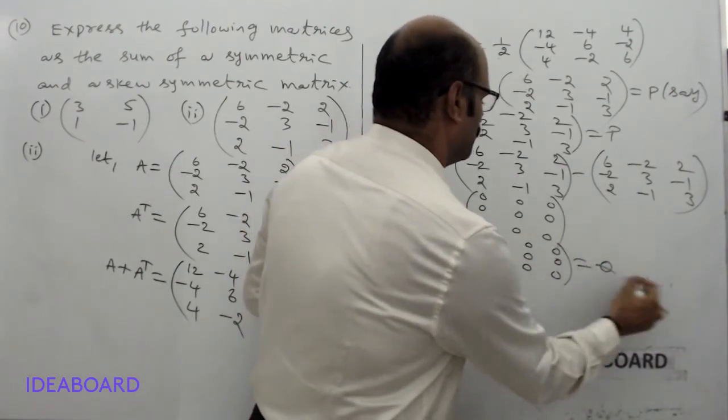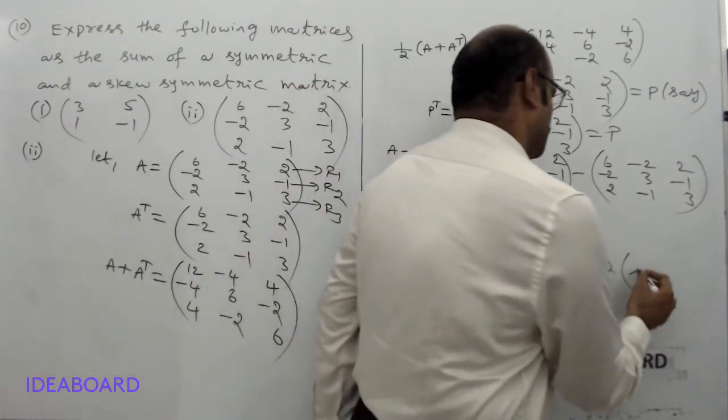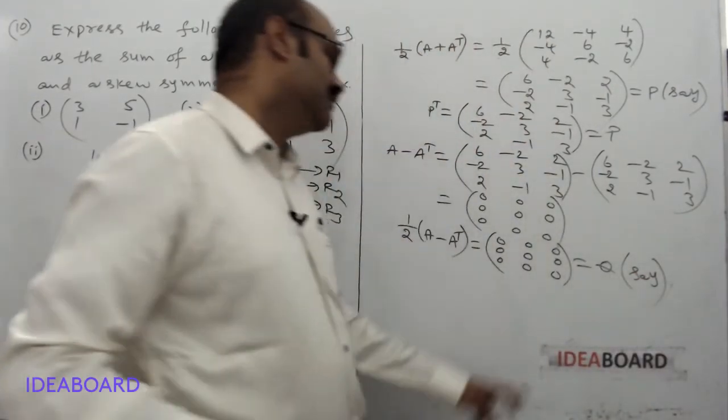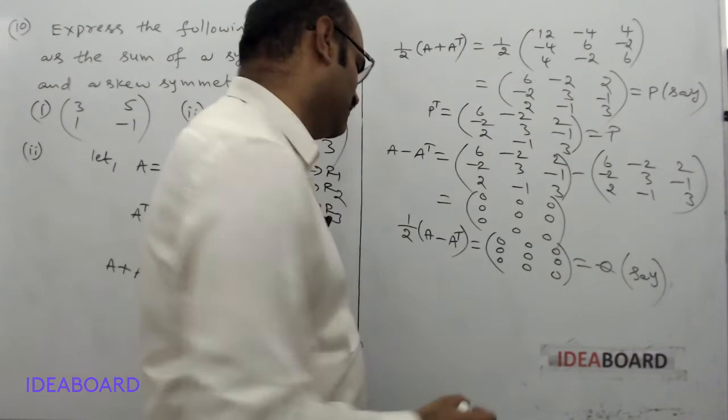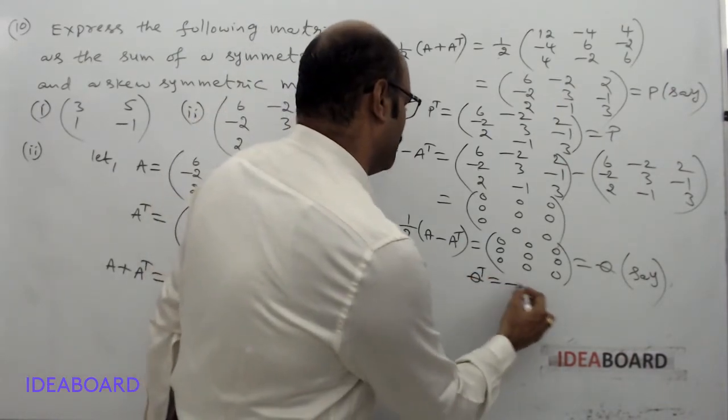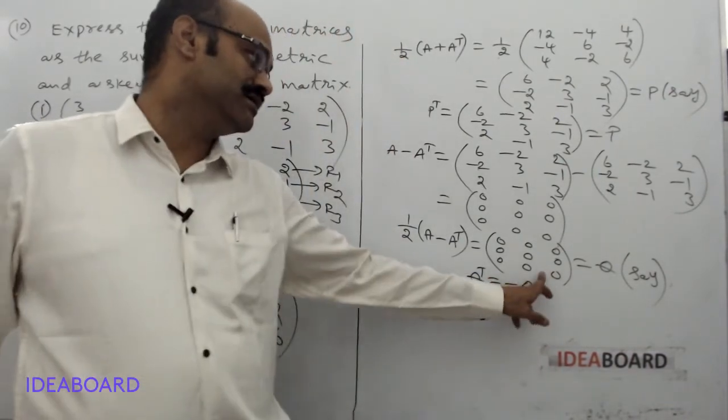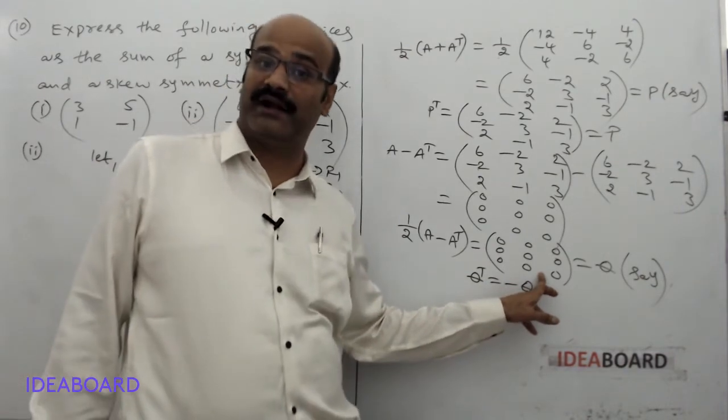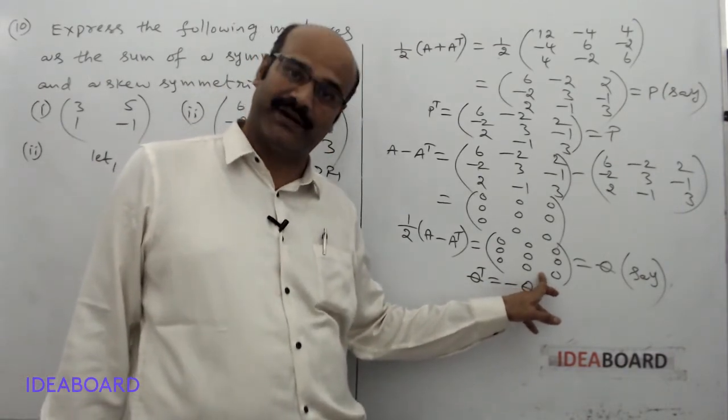So it implies null matrix, say that Q. Here Q transpose is always equal to minus Q, since the null matrix is the only matrix which is both symmetric and skew symmetric.